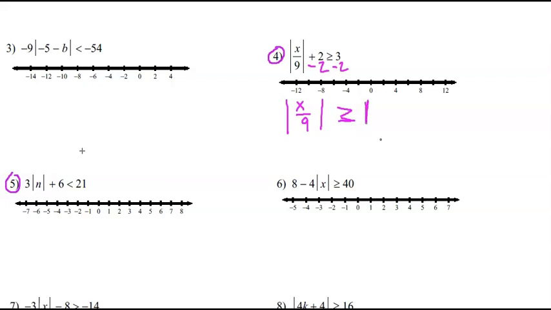It's greater than or equal to, so we're going to put or in between the two pieces. Negative piece, we're going to have x divided by 9 is less than or equal to negative 1. And then for our positive piece, we'll have x divided by 9 is greater than or equal to 1. To solve, we'll multiply by 9 for each thing.